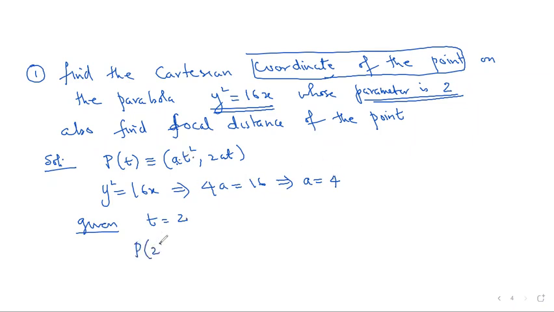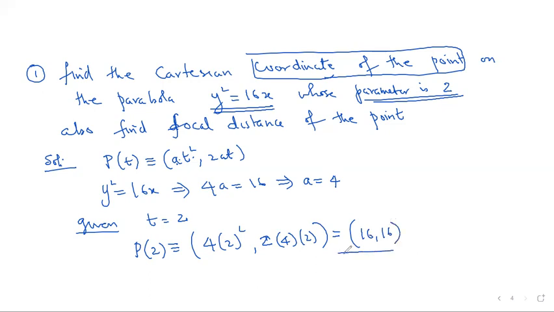So P of 2 will be 4 into 2 square, 2 into 4 into 2. How much did it become? Both will be 16. 16 comma 16. So the coordinate of the point on the parabola is 16 comma 16. So when I say P of 2, it means the point 16 comma 16.